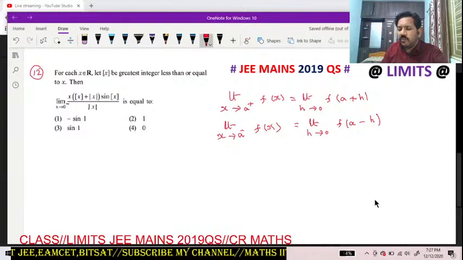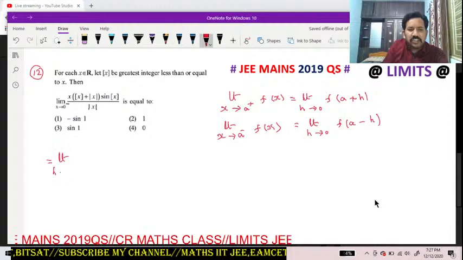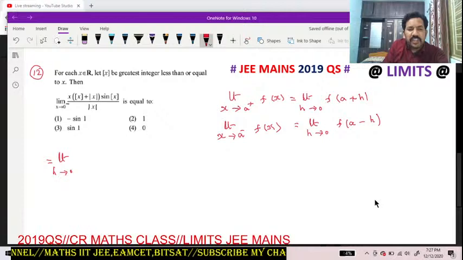0 minus means what we have to take, students? Limit h tends to 0, in place of x write 0 minus h, into step of 0 minus h.